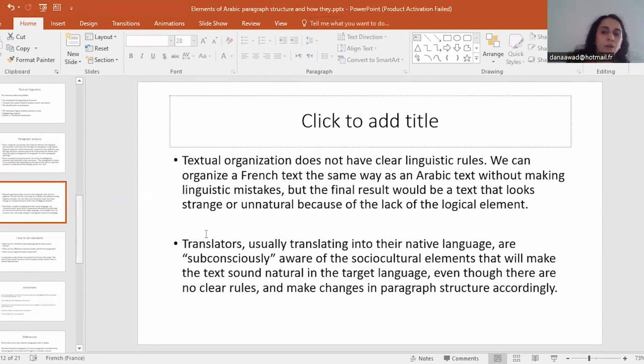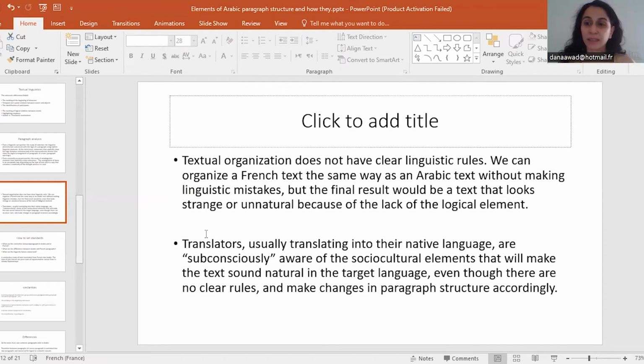So a large part of textual organization does not have clear linguistic rules. For example, we can organize a text in two languages the same way without making explicit linguistic mistakes, but the final result will be unnatural or strange because there is a coherence that is lacking.